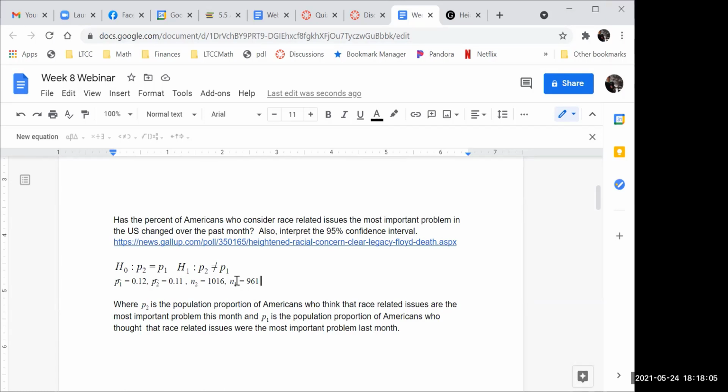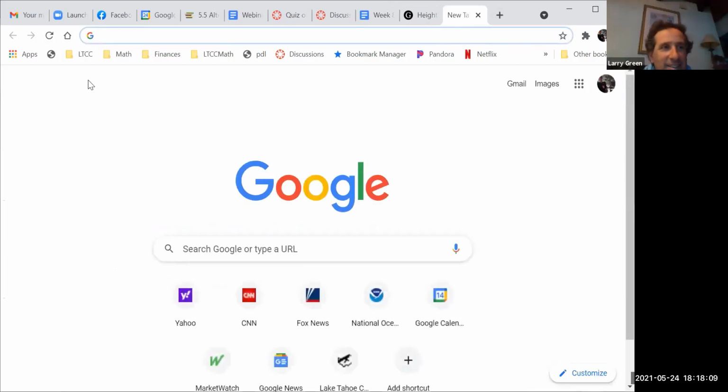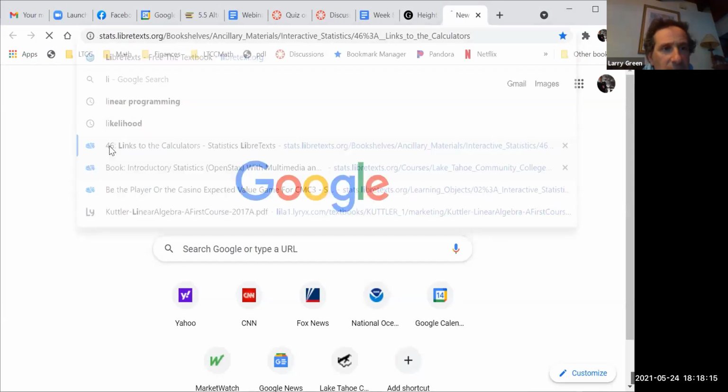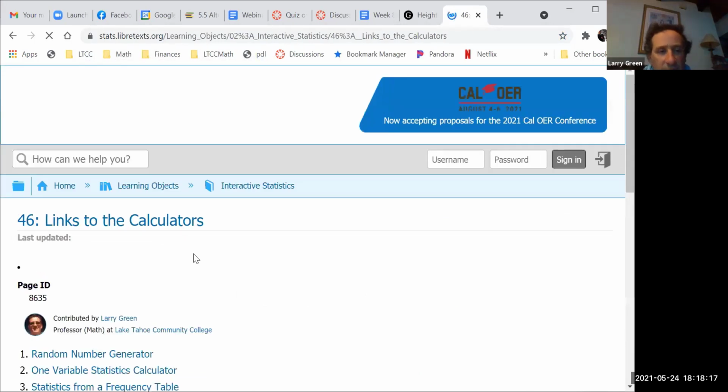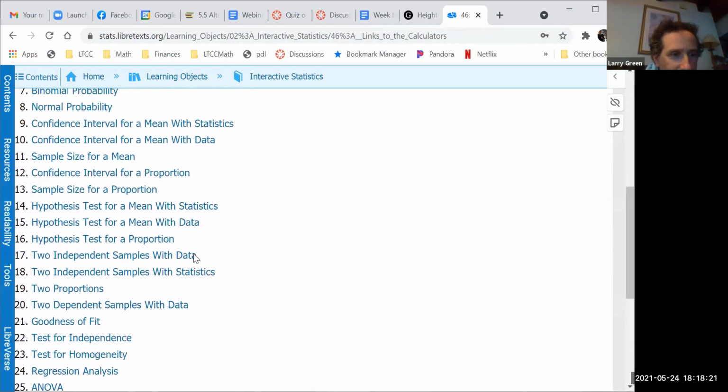Calculator? Yeah, we go to a calculator. So hopefully you're used to that. So let's go to the calculator. See if you can guess which one we use.